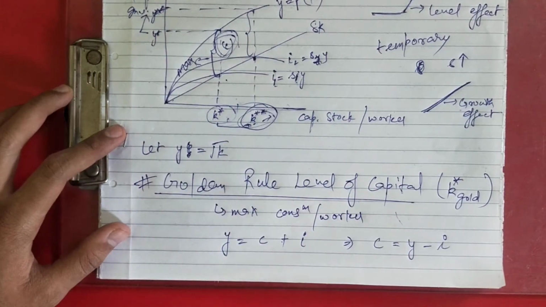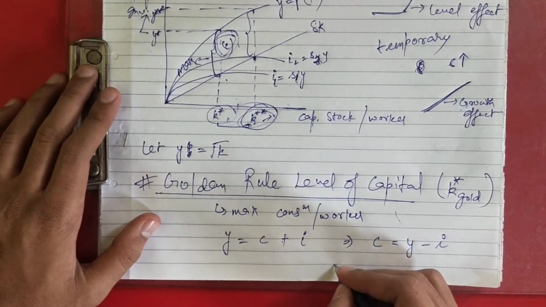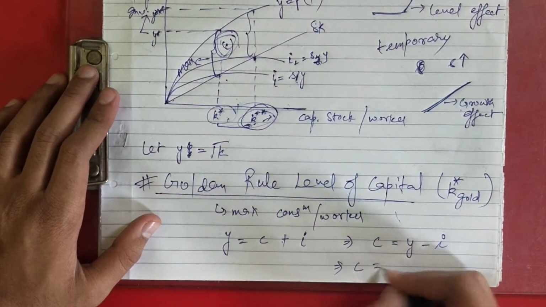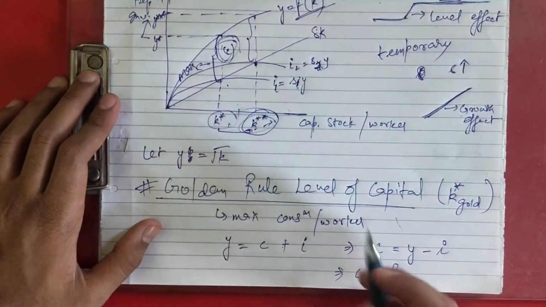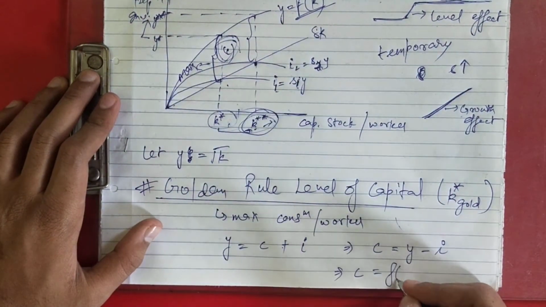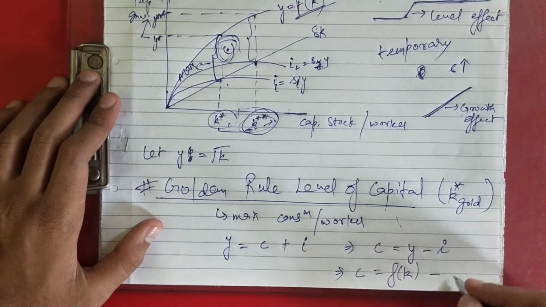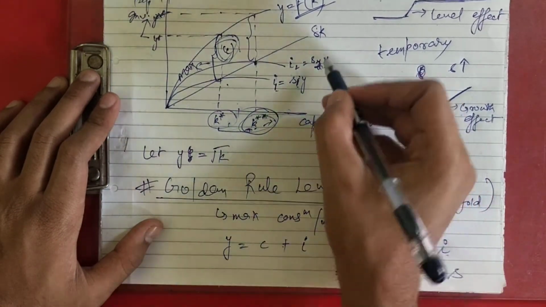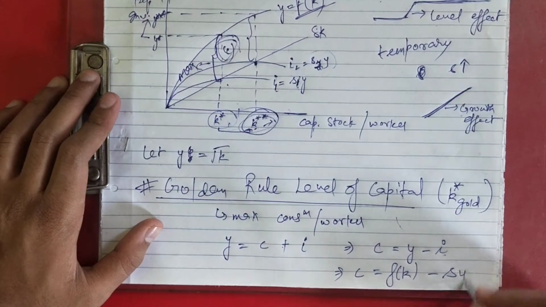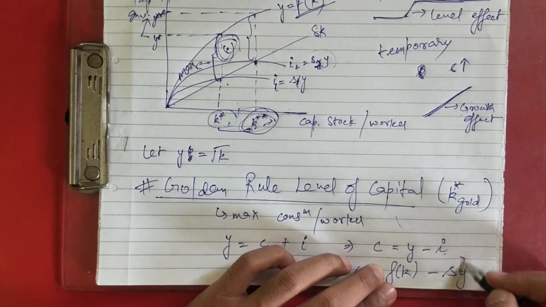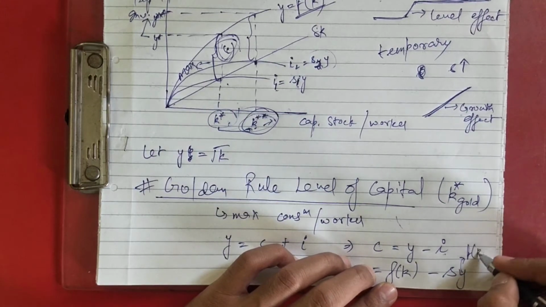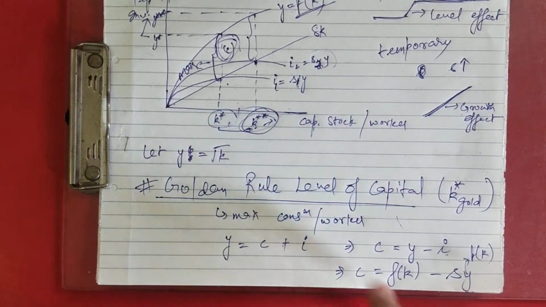Further, y I can write as f(k), minus i, which is s y. Again, in place of y you can write f(k). So this is your final consumption per worker function.